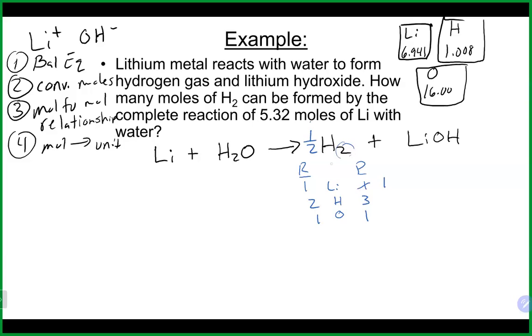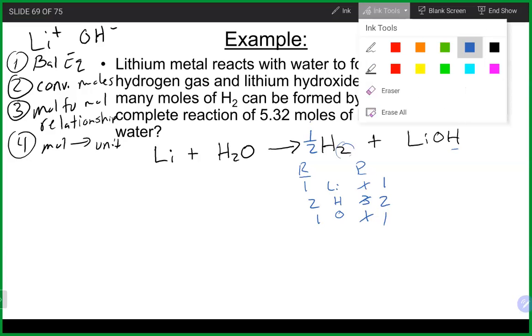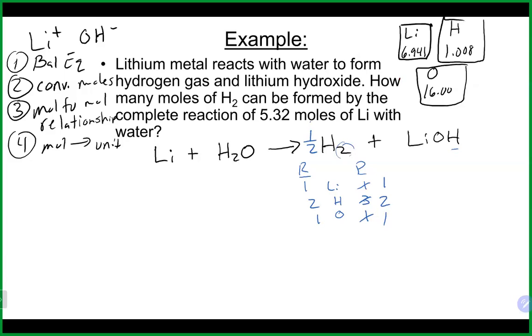I have hydrogen. 1/2 times 2 is 1. And 1 more on the right-hand side over here, which is 2. And now I still have 1 of those, but I can't leave it as a fraction. So at this point, I need to multiply everybody by 2, and that will clear the fraction and give me whole numbers. And that's how we get to me throwing 2's everywhere on this page here.